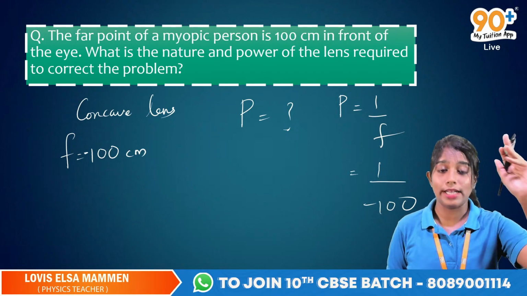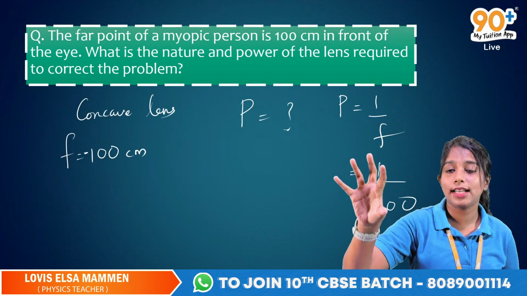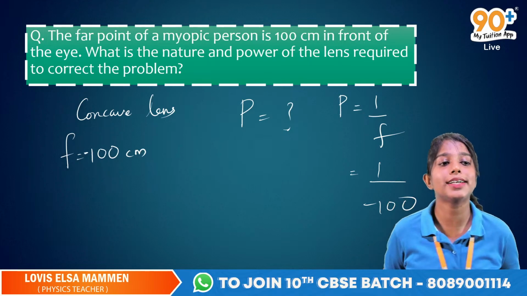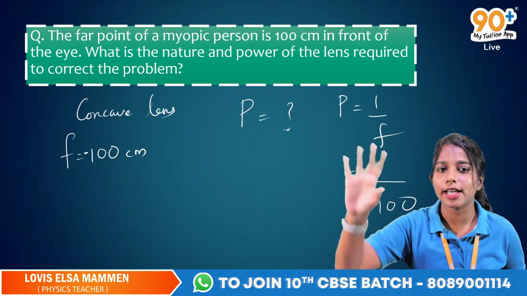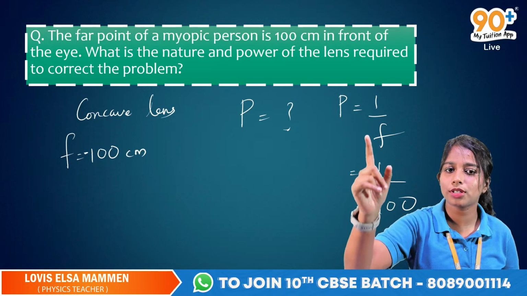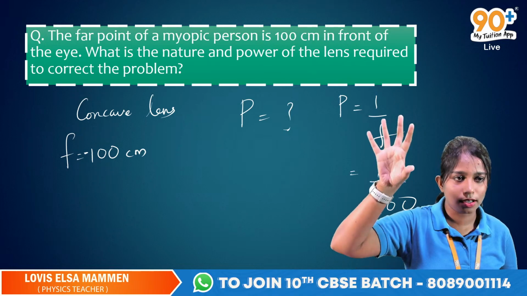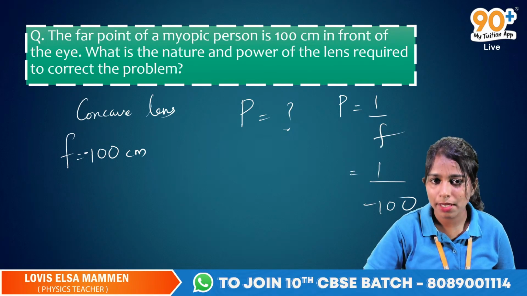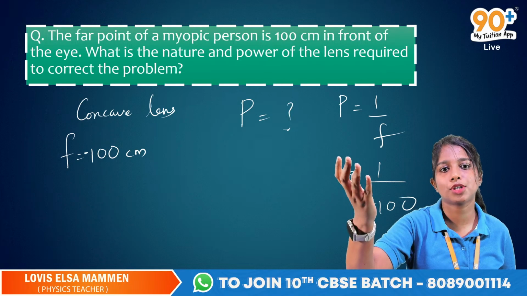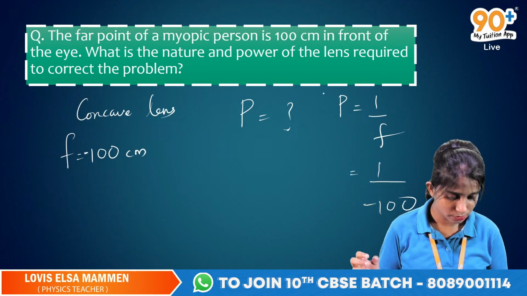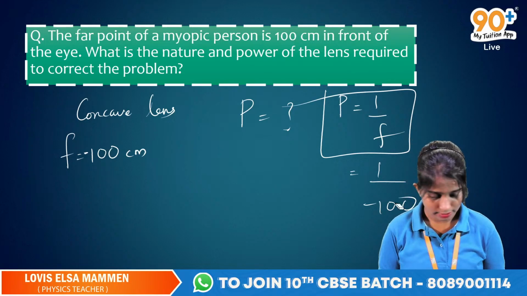I told you at that time that the focal length of the lens should be converted to meters. If it is in centimeters, it should be converted to meters, and only then substitute, otherwise the answer will be wrong. So if the focal length is given in centimeters, it should be converted to meters first, and then only you substitute in this equation.